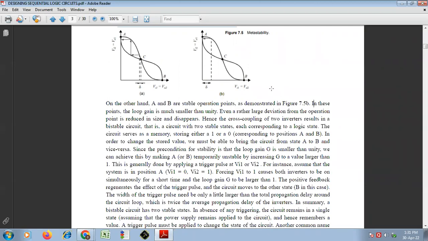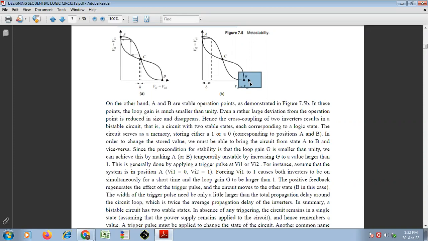Now how to make it unstable? If, for a short period of time, you increase this loop gain larger than 1, it will get unstable, and the positive feedback regenerates the effect of a triggering pulse, and the circuit moves to the other side.